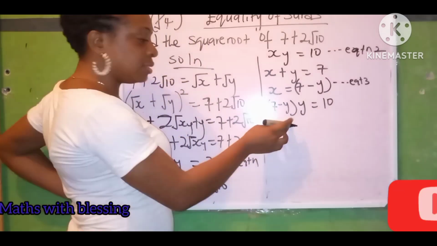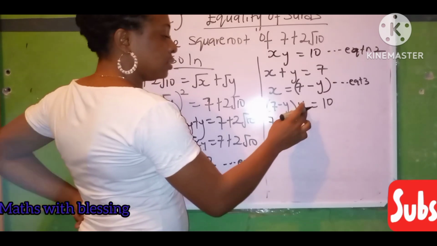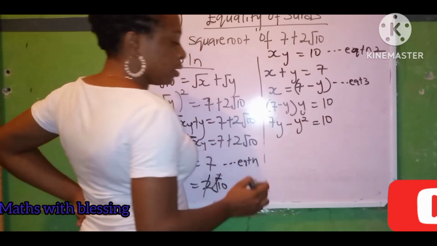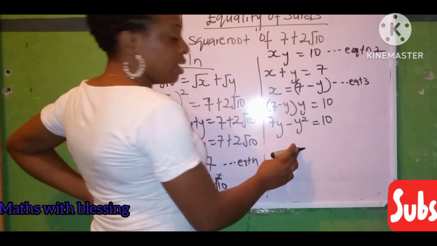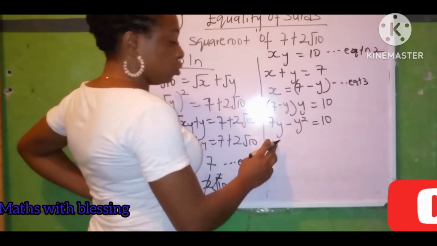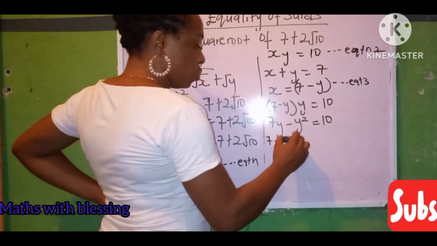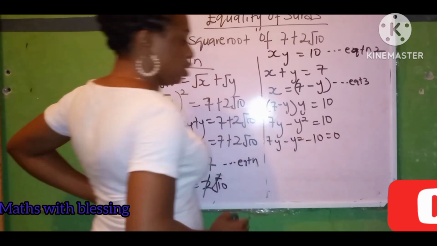You multiply this out: y times 7 is 7y, minus y times y, y squared, equal to 10. So what are you going to have? You've entered into a quadratic equation.